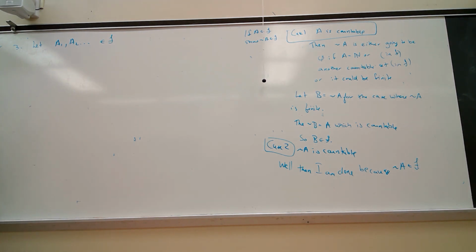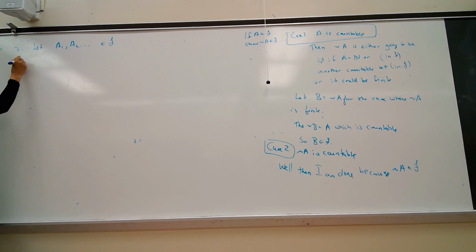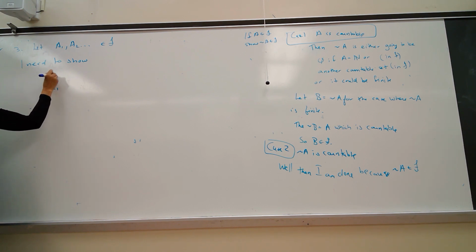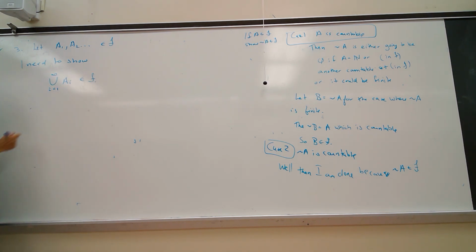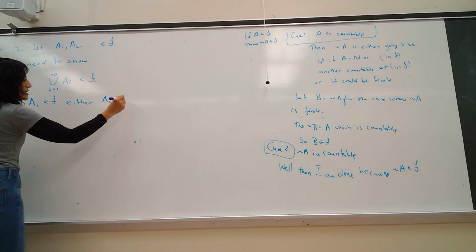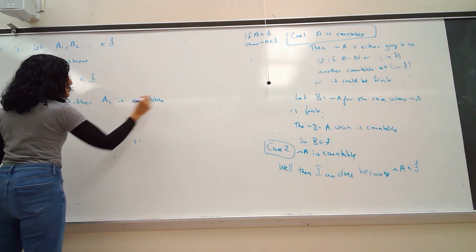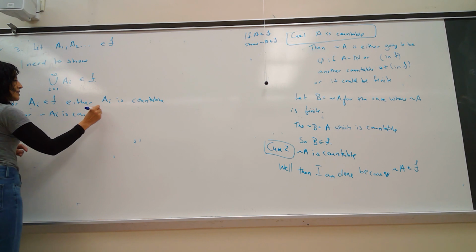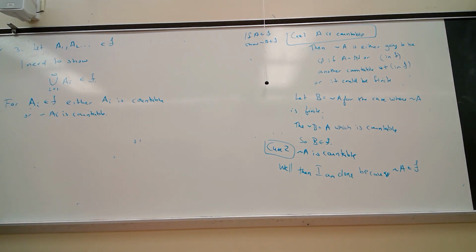Let A1 through blah, blah, blah belong to F. I need to show the union of i equals 1 to infinity of Ai belongs to F. That's true, right?